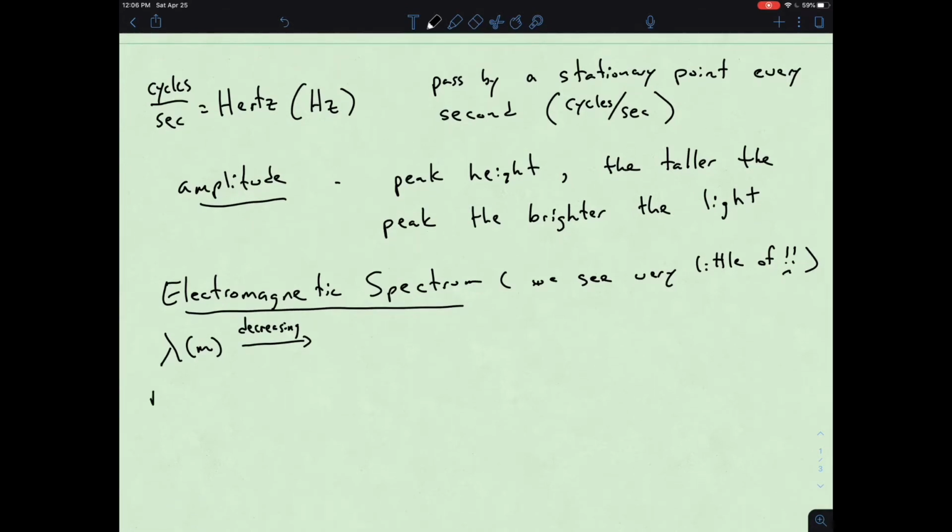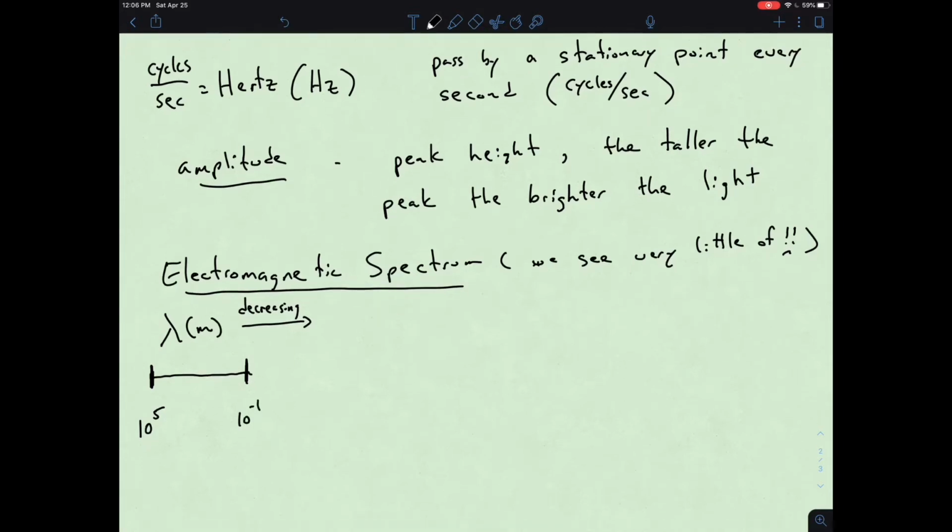At the very far left, we're looking at large distances between the peaks, to roughly about 10 to the minus 1. And here we have radio waves, so picking up stations on your radio, etc. This is the wavelength that those particular photons have as their physical property.